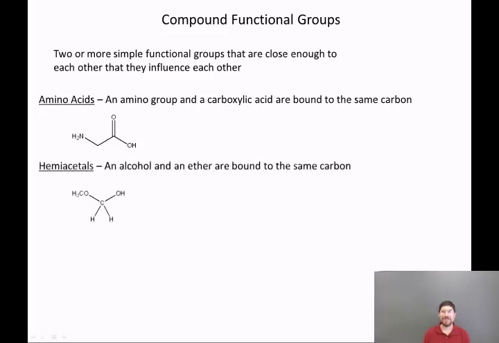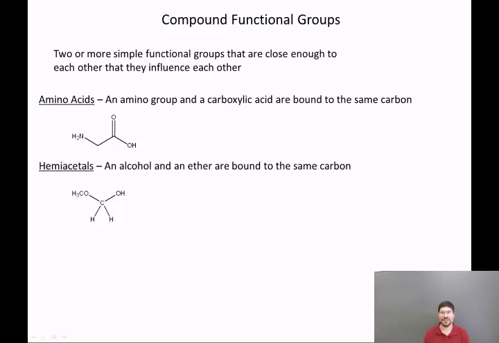Then we have hemiacetals, and that's what, again, when you have the central carbon containing both an alcohol and an ether. I want to stress that the alcohol and the ether have to be bound to the same carbon in order for it to be a hemiacetal. Otherwise, it is simply a molecule that contains an alcohol and an ether and doesn't get a special name.